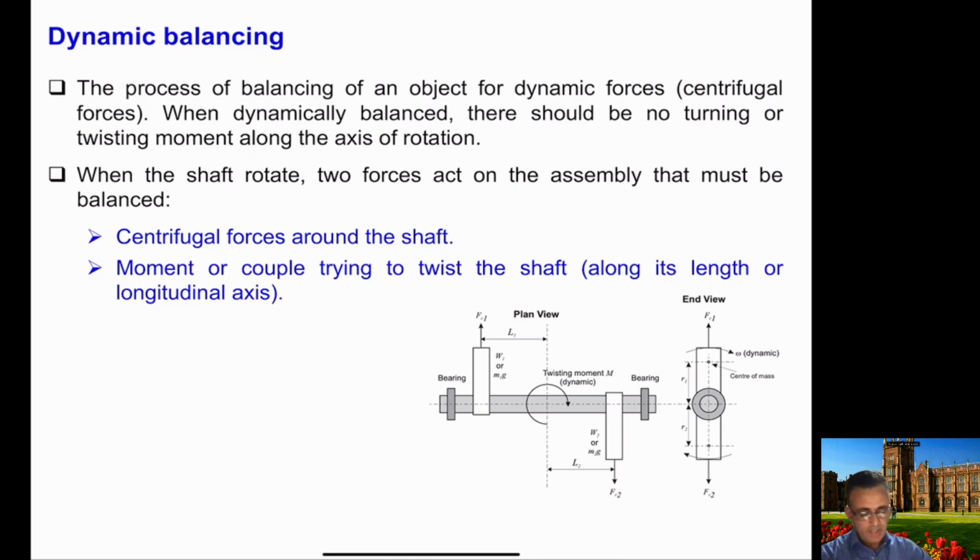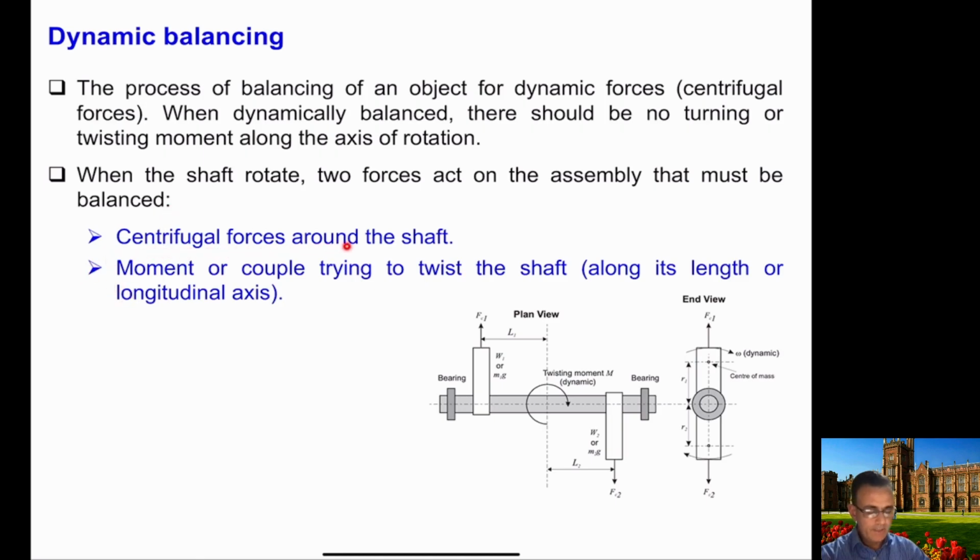So when the shaft rotates, as you can see in this case here, if there are some unbalanced masses attached to a shaft, in this case there is this mass M1 and this is the mass M2. Two forces act on the assembly that must be balanced.